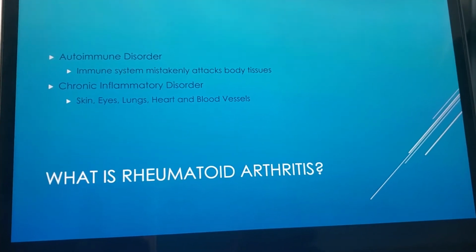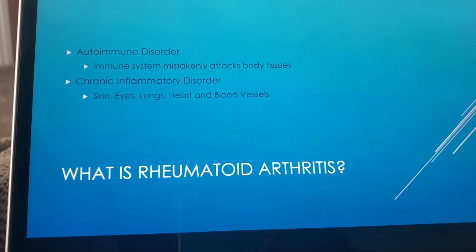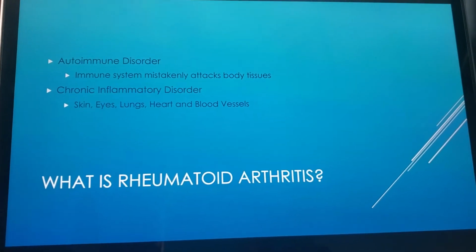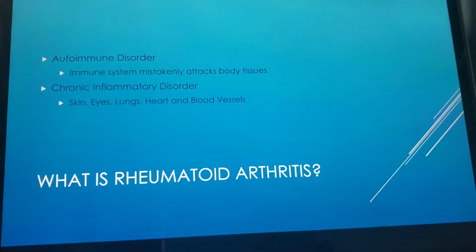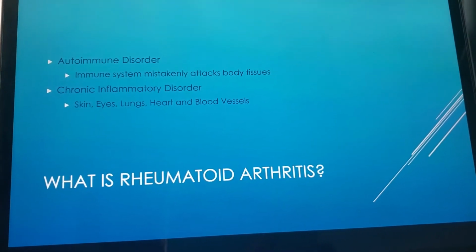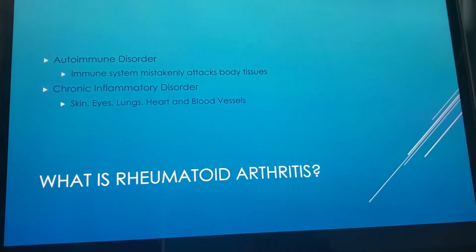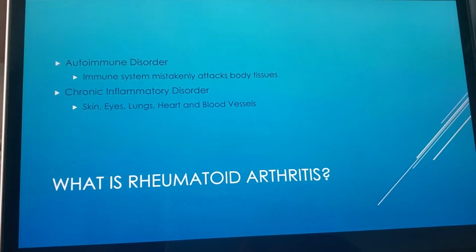This disease is also a chronic inflammatory disorder, because just like if you cut your finger or sprain your ankle, you get inflammation, and that's because your body's trying to heal, and that inflammation is caused by that immune response.